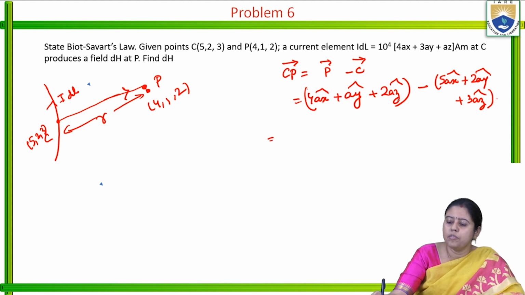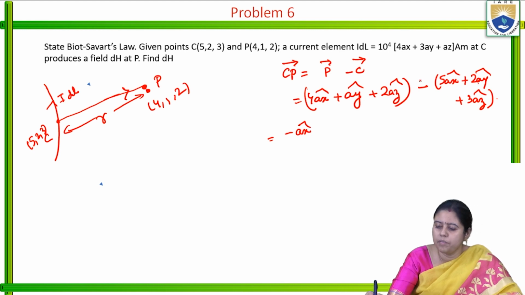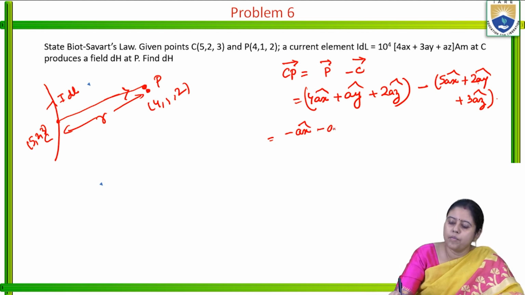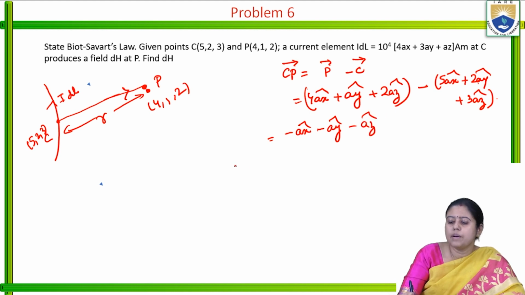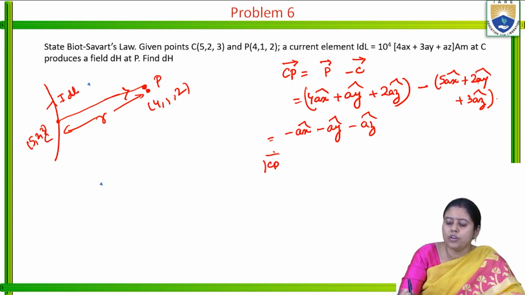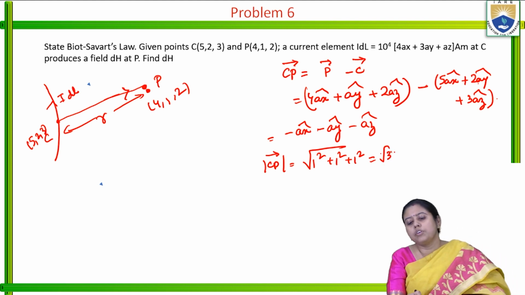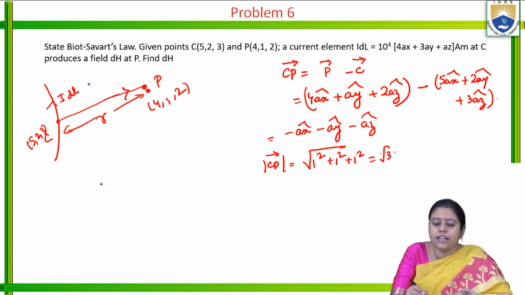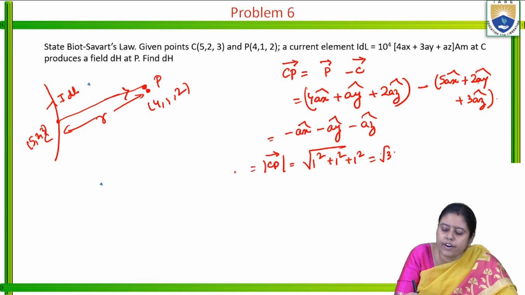So what is the value? Minus ax minus ay minus az. What is the mod of CP then? Root of 1 squared plus 1 squared plus 1 squared, so it is root 3. So we got the value of CP. This is our radius.